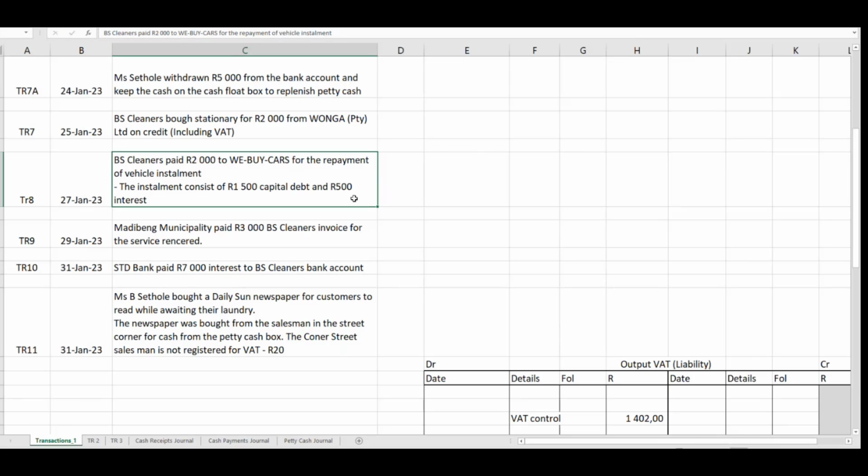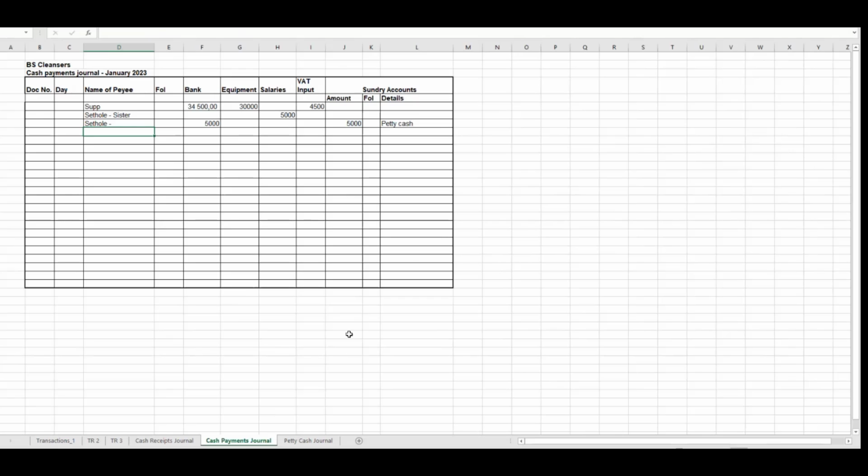Let's see by the raise of hands, those who want to tell us. Tabo. Yes, sir. I believe that they are both going to the cash payment journal. Perfect, Tabo. Cash payment journal, and it's 1,500 and 500 rands.